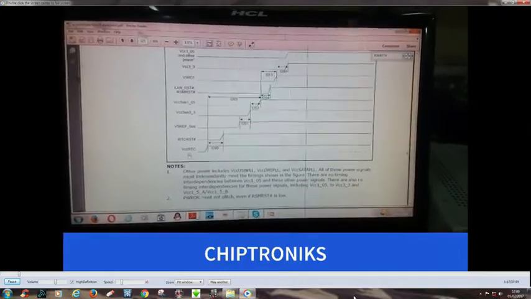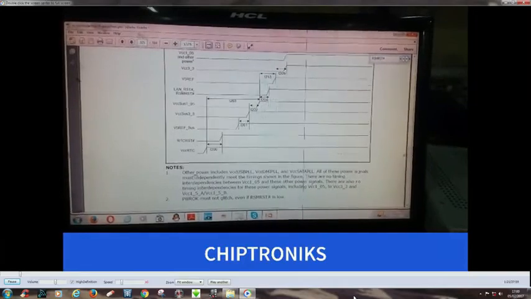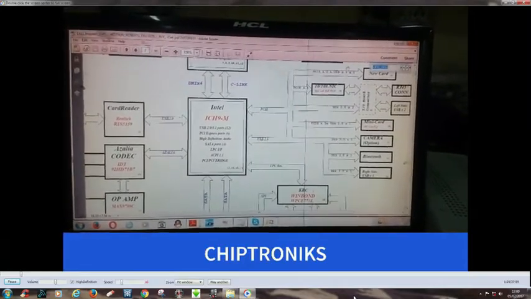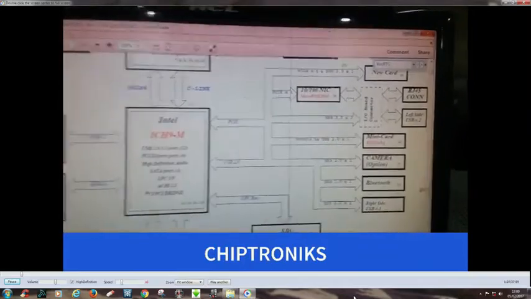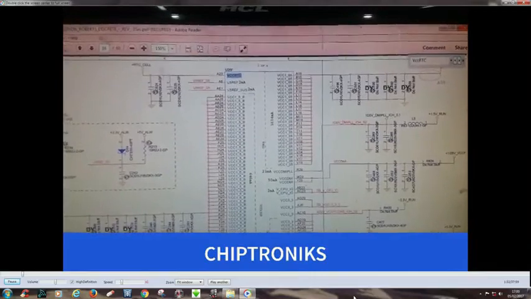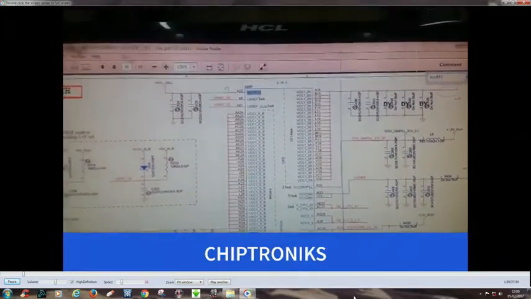So the very first signal is VCC RTC. So we'll check for the VCC RTC in this circuit diagram, and type over here VCC RTC, and you can see this VCC RTC is fed by RTC underscore cell.